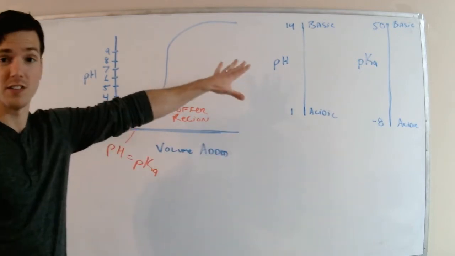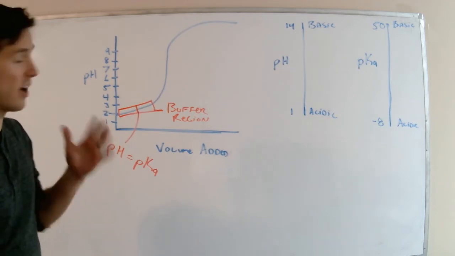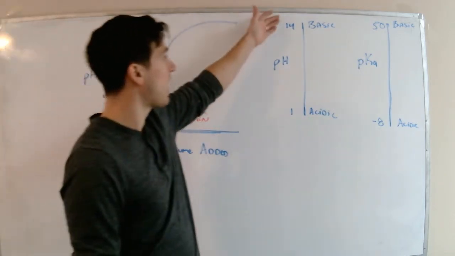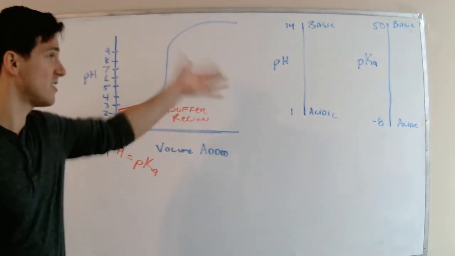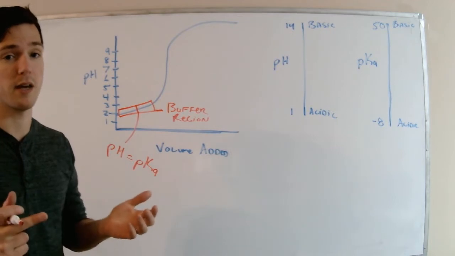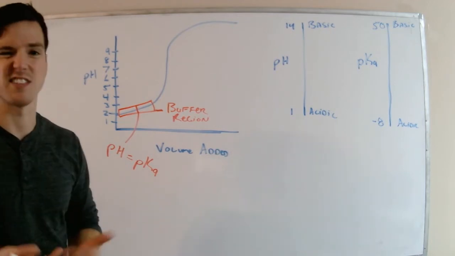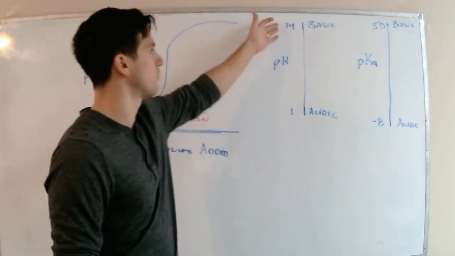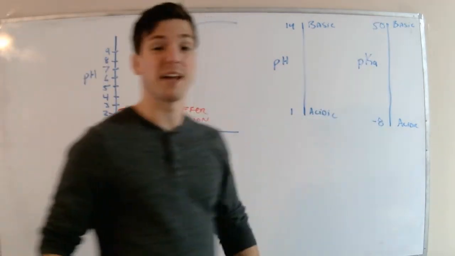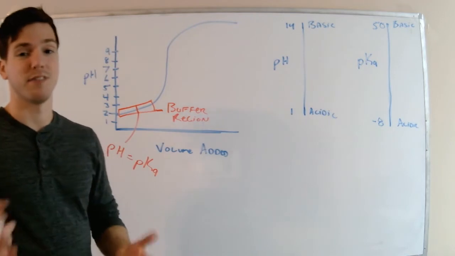Over here you can see I put our pH scale. A low pH is acidic. High pH is basic. It's the same with pKa. A low pKa is acidic, a high pKa is basic. The only difference is the scale. pH goes from 1 to 14. It could even go beyond that. But a pKa can range from -8 to 50.